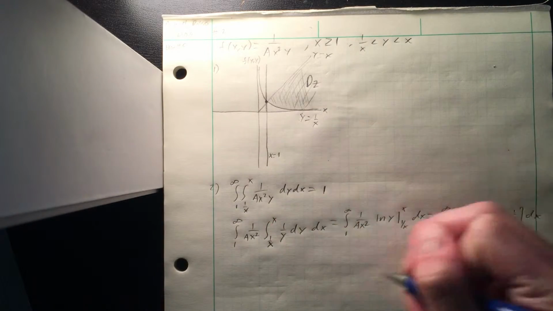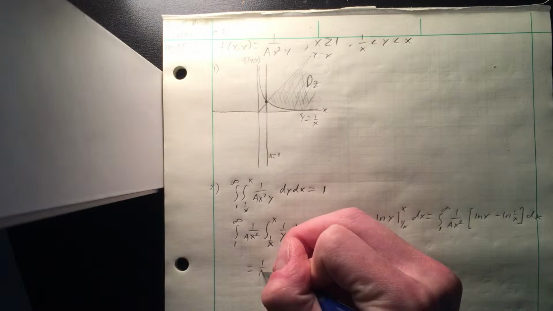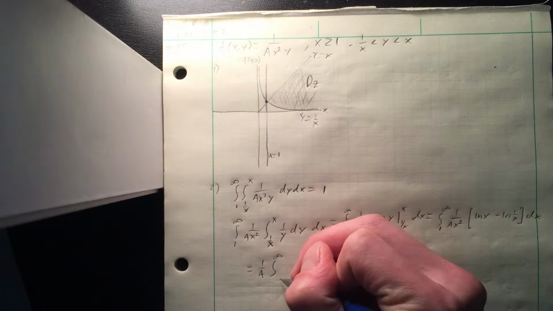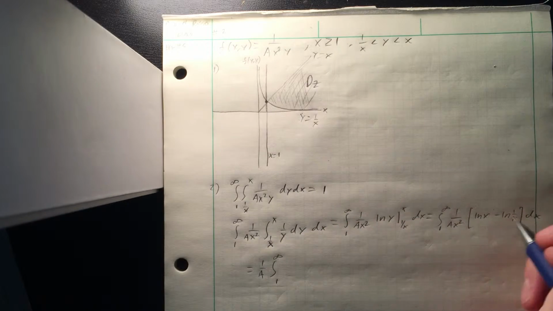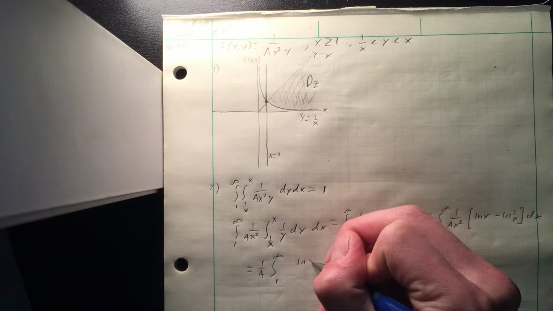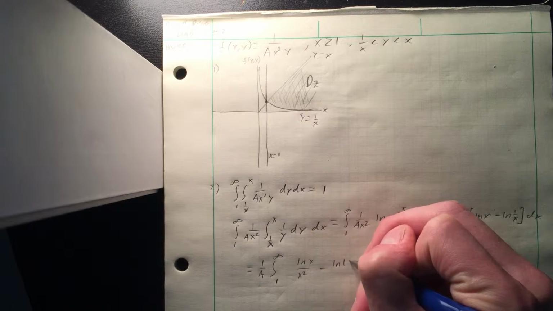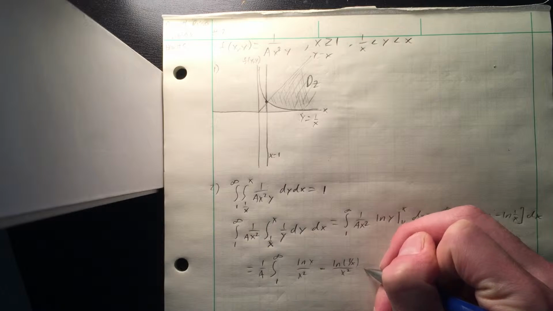So we can bring 1 over a out even further, from 1 to infinity, and multiply it in there as ln of x over x squared minus ln of 1 over x squared dx.